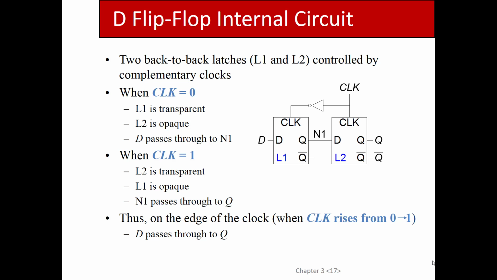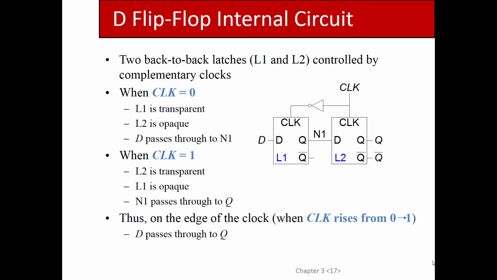If you add some extra AND gates, you can make it a D latch, and if you put two D latches together, you can make a D flip-flop. And D flip-flops are the much more common sequential logic element. And that's what we'll mostly be assuming that we're using here as the basis of these circuits for the rest of the chapter. You guys with me? OK, any questions about that?